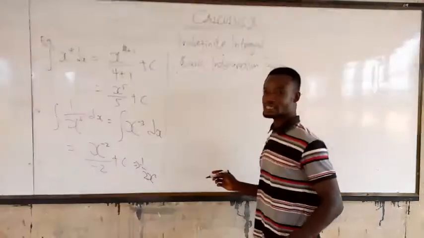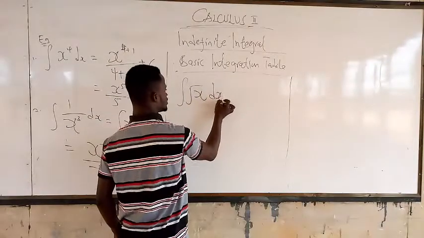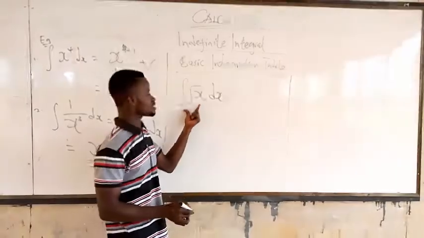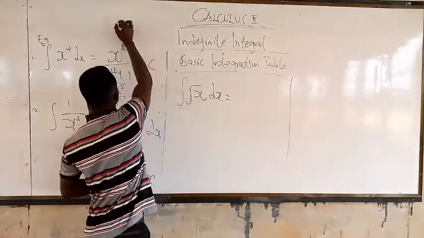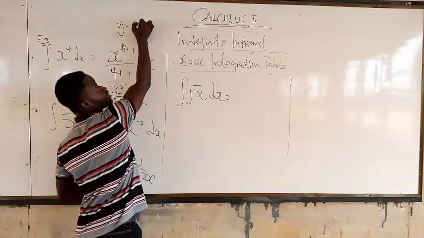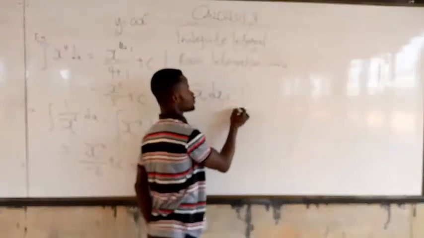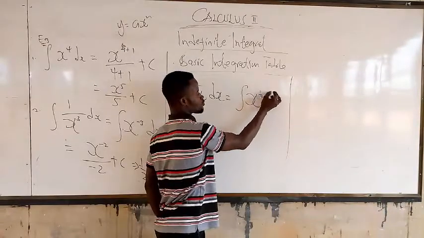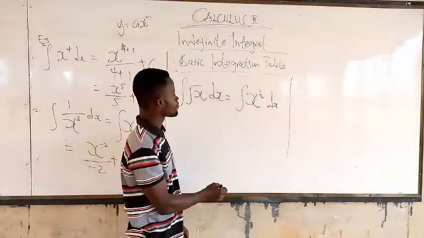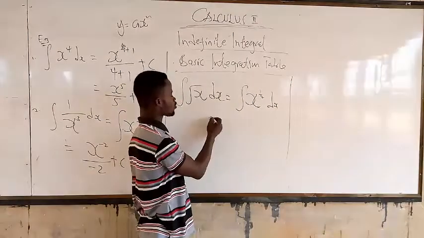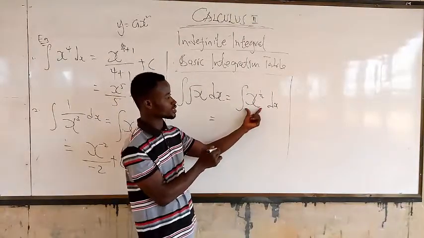Now, what if we have integral of square root of s dx? Having this is still not in the form y is equal to a s to the power n. So since it's not in that form, then we make it be in that form.